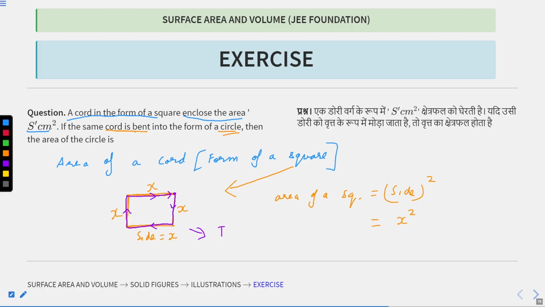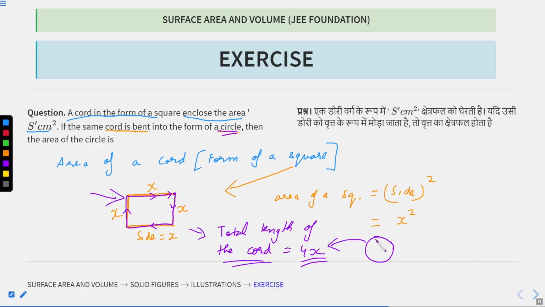So the total length of the chord is 4x, and this chord is now bent into the form of a circle. So my new figure will look like a circle, and this circle's circumference will equal 4x, because the length of the chord is 4x.